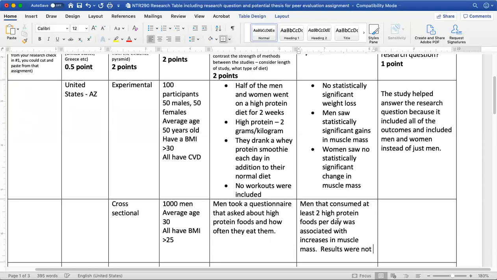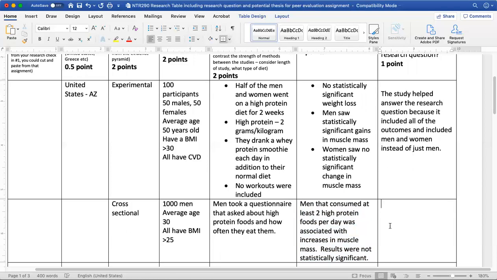Results were not statistically significant. So when you read the results section and the discussion section of your paper, that's where you'll start to get into some of the details about the results and the statistics of it all. So obviously the statistical analysis will be in the results section, but then the discussion might help you understand that piece of it.